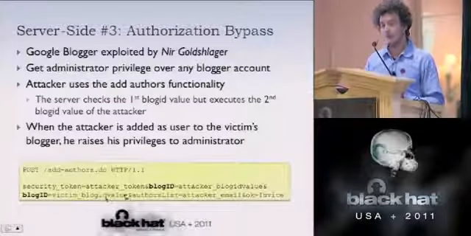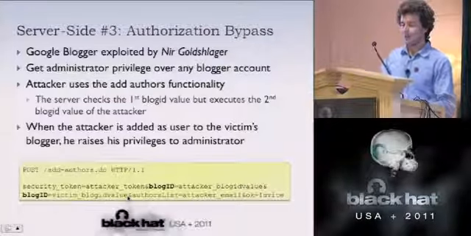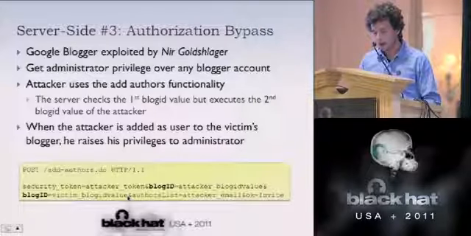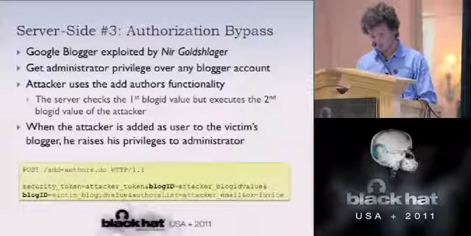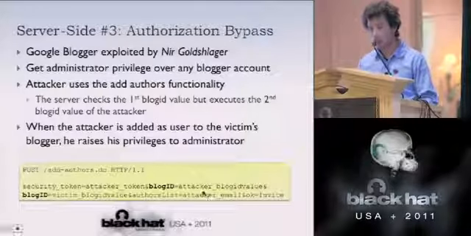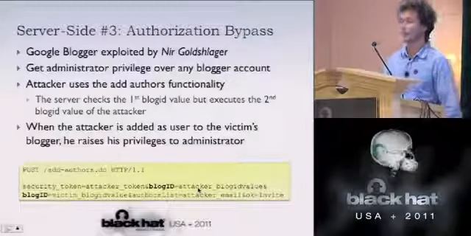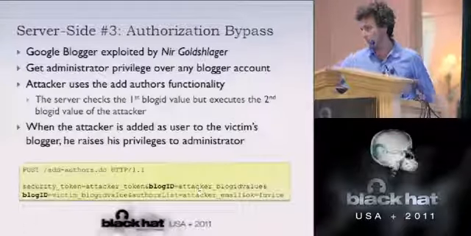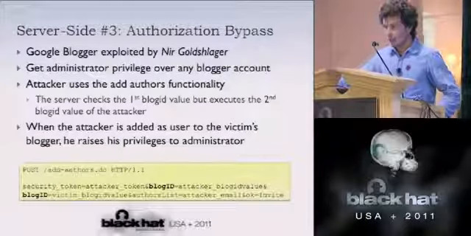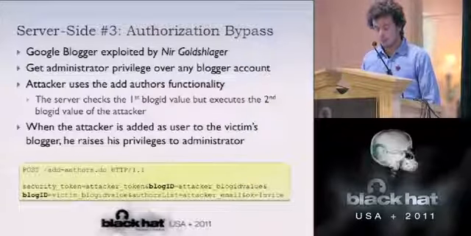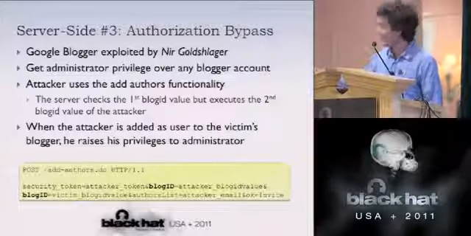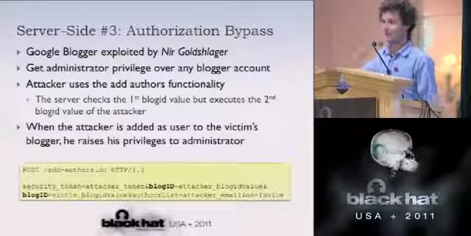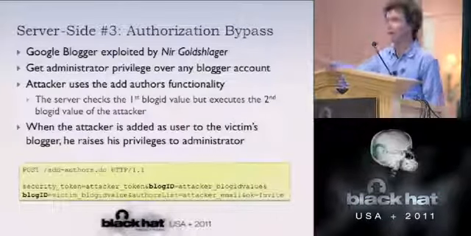So here, Google was just checking the first value of blog ID. So it was saying, yes, you are actually owning this blog, so you can add other people to the blog. But actually, it was executing the action on the second blog ID. So it was adding this person as author to the blog ID of a victim.